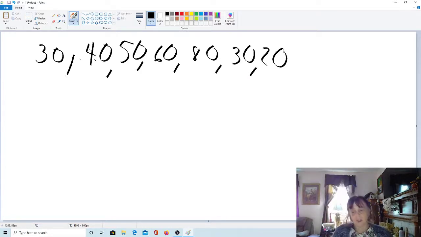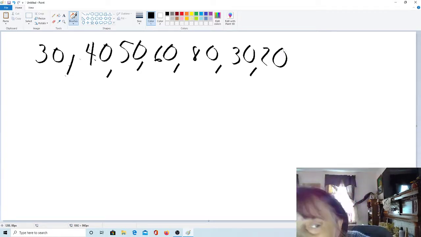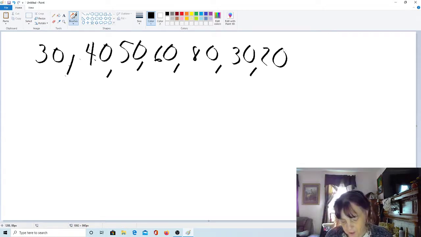Now, to make the box and whisker plot, you've got to find the median. Okay, to find the median of that set of data, we had data of 30, 40, 50, 60, 80, 30, and 20.